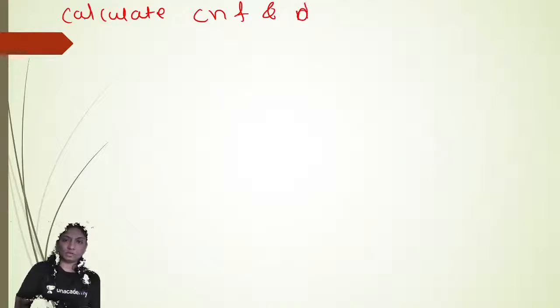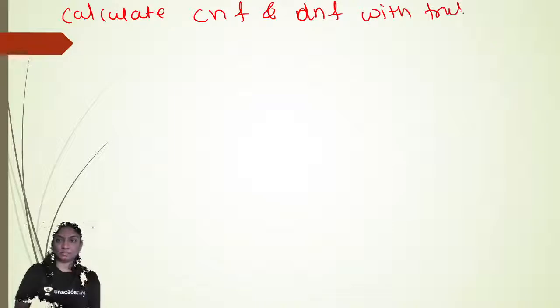Okay, now we will find out one more example. Find the CNF and DNF of the same statement by using truth table method. Okay, so by using truth table, we will calculate here CNF and DNF with truth table method.